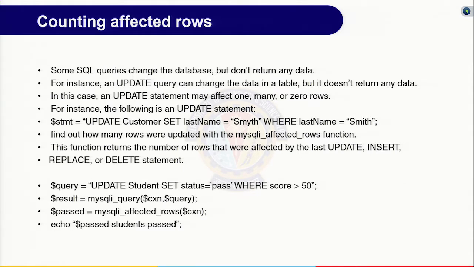To understand this, we can use MySQLi affected_rows to find out how many rows were updated. The query is update student set status equal to pass where score greater than 50. The query is passed to the MySQL server and the MySQLi affected_rows function with the connection as the parameter will return the total number of rows where the status was updated.